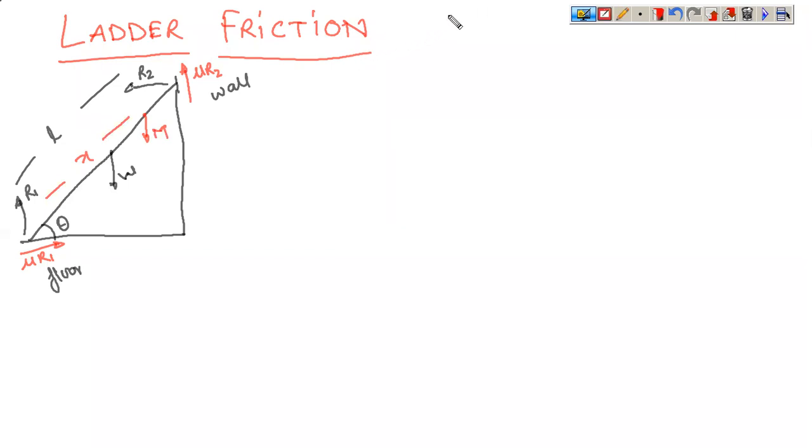Now this is a coplanar non-concurrent force system. Why? Because you are having distances between all the forces. So you have three equations of static equilibrium now.